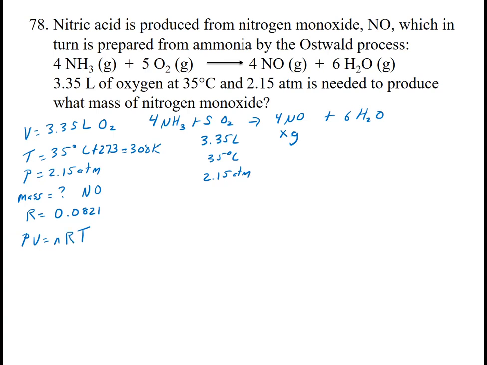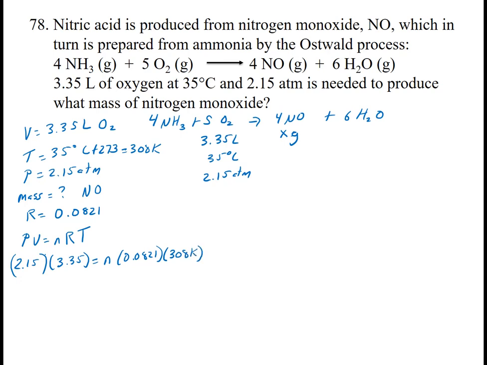My pressure is in atmospheres, so I have 2.15. I'm not going to write the units to save space. My volume is 3.35. n is what I'm going to be looking for. R is the gas constant of 0.0821. A lot of times you'll see on the references it's 0.06. My temperature is the 308 K.